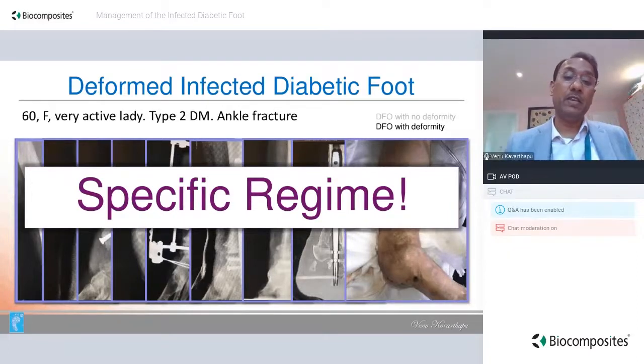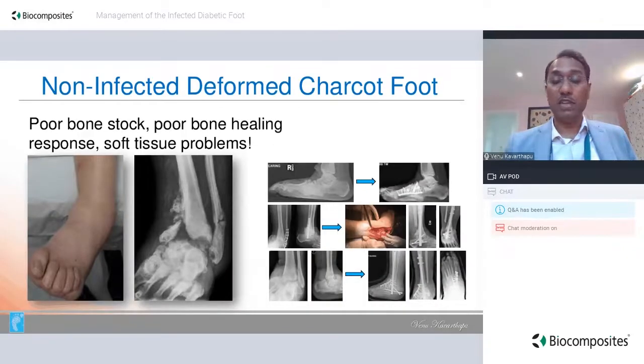So these types of presentations, where there is deformity, instability and active infection, require a specific regime if you want to achieve functional limb salvage. That means not just saving the limb, but the limb function should be restored so that the patient can return to normal weight bearing.